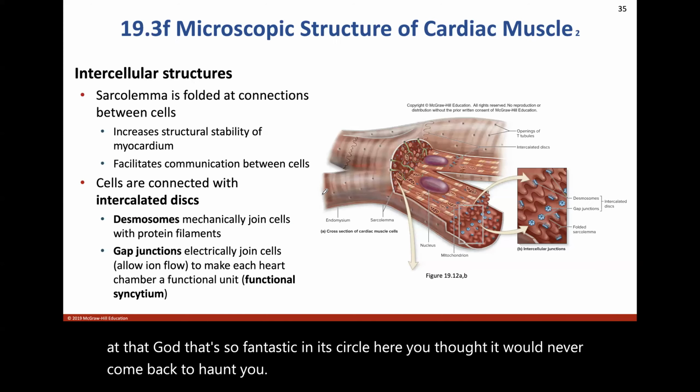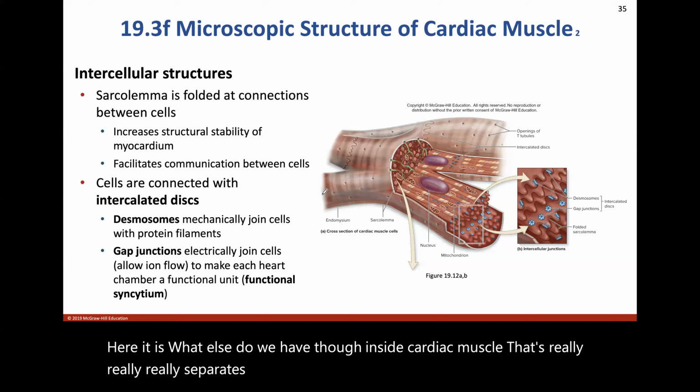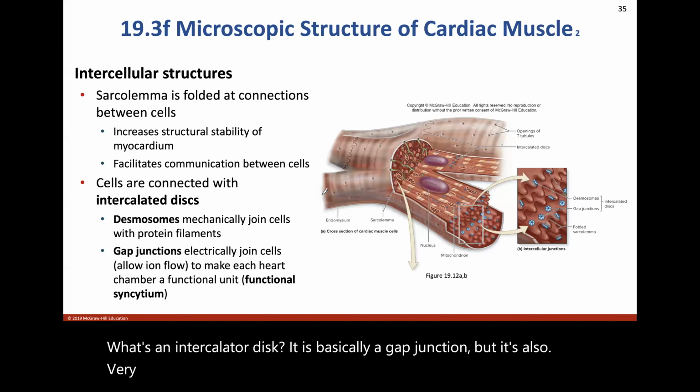Here it is. What else do we have inside cardiac muscle that really separates it from skeletal? It is the intercalated disc. What's an intercalated disc? It is basically a gap junction, but it's also very tightly fused from one cell to the next.